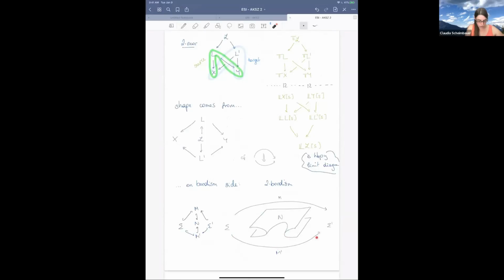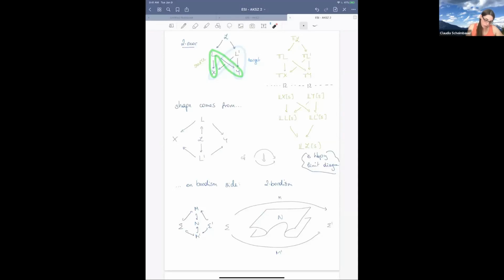So this is my source, or maybe I switched the direction now, but it doesn't really matter. My target are these back guys, so that's my M. And so the diagram that I get, I can just look at the inclusions. So the sigma is now the source of this front thing. Those are these 2 points, or equivalently these 2 points in the back. But if you notice, those are the same.